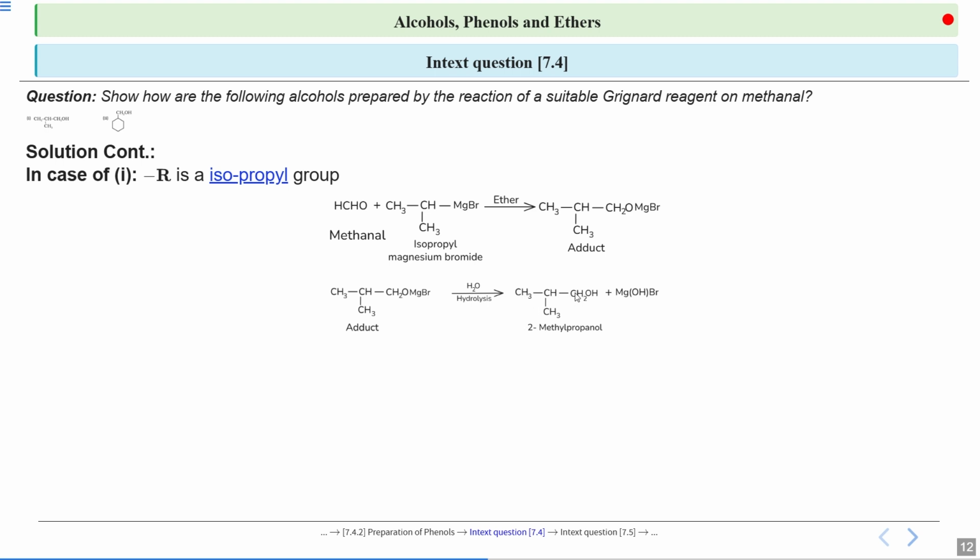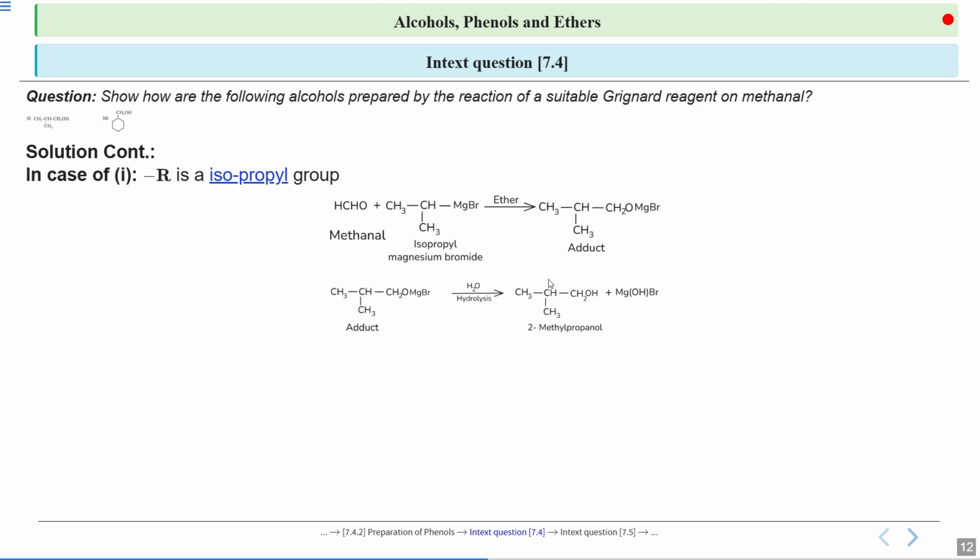Since this has 3 carbon atoms, the root word would be propane. On the first carbon, your hydroxyl group is attached, and on the second carbon, a methyl group is attached. So 2-methylpropanol. Okay, so this was the first case, if your R is an isopropyl group.